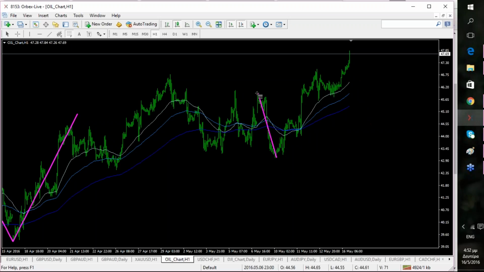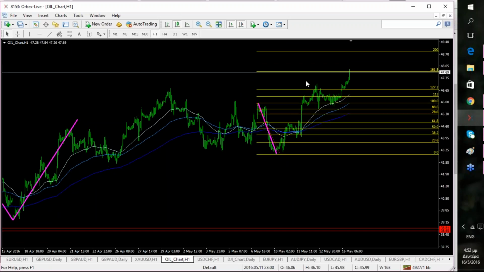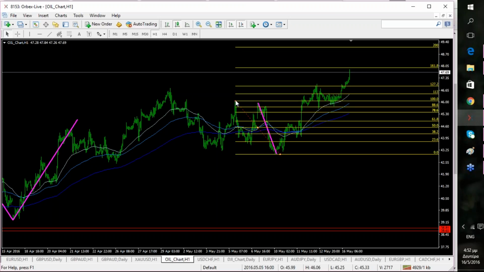So we need to pull that downwards and look at where it could possibly end. If I use this one here, perhaps a little more accurate as my Z pattern, that's my AB, and then I'll take this one all the way up to CD somewhere here. Now price is really close to the 161.8%.